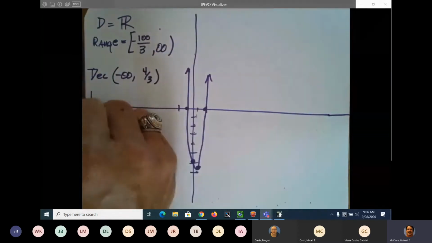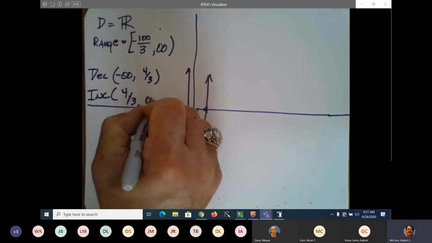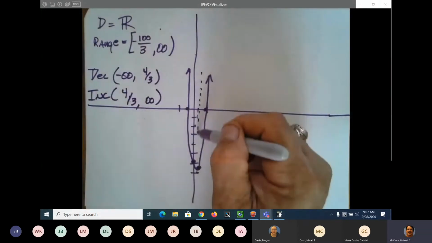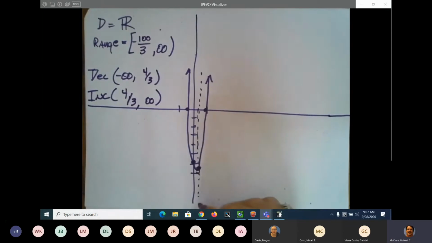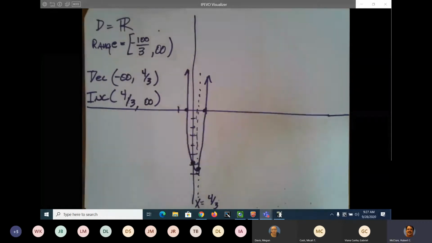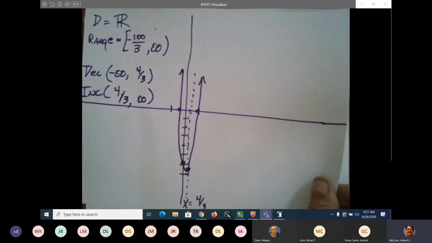And increasing from 4/3 to infinity. Line of symmetry always goes through the vertex, and that's going to be x is equal to 4/3. Now, I don't know what they're asking in the question, but that's all that I will test you on in chapter 3 is all of this. Not in one question, but there's about 4 or 5 different test questions on this problem we just did.